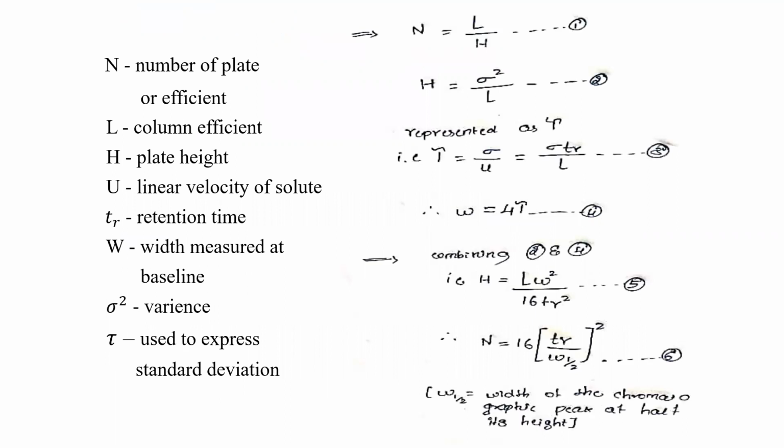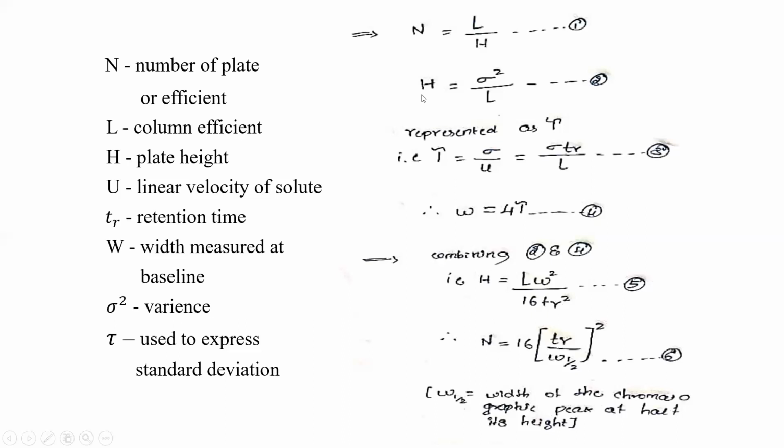According to the scientists Martin and Synge, the number of theoretical plates, which is denoted by n, is equal to the ratio of the length of the column and the plate height. That is, n is equal to L by H, which is called equation 1, where n is the number of plates, L is the column length and H is the plate height.